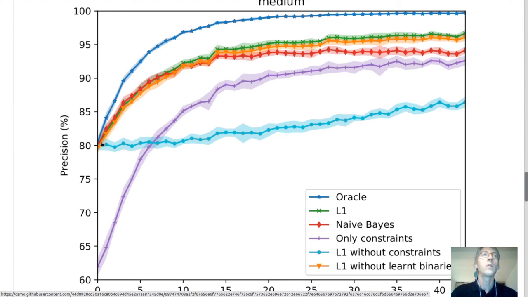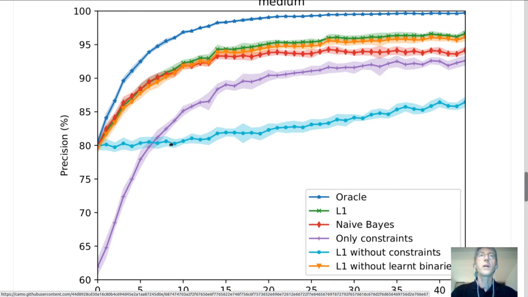The green curve corresponds to combining the learned model with the mandatory constraints. This is compared to a naive Bayesian approach, the red curve, and to an oracle, the blue curve, which knows the test samples, which of course we don't for the other approaches.